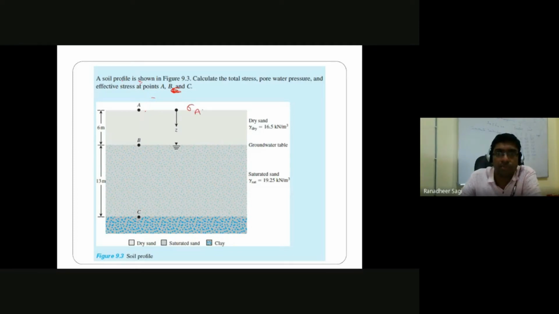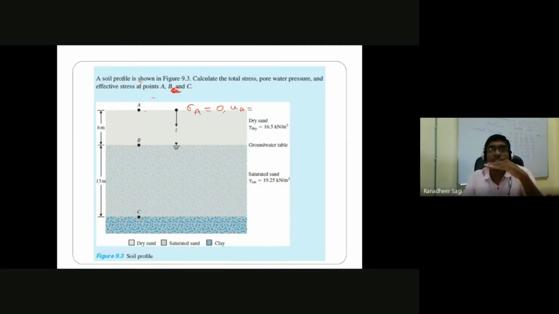Total stress at point A. How much is it going to be? I don't have any material existing over and above the position of point A, so automatically the total stress at point A is equal to 0. And what is going to be the pore water pressure at point A? Where is the position of the water table?